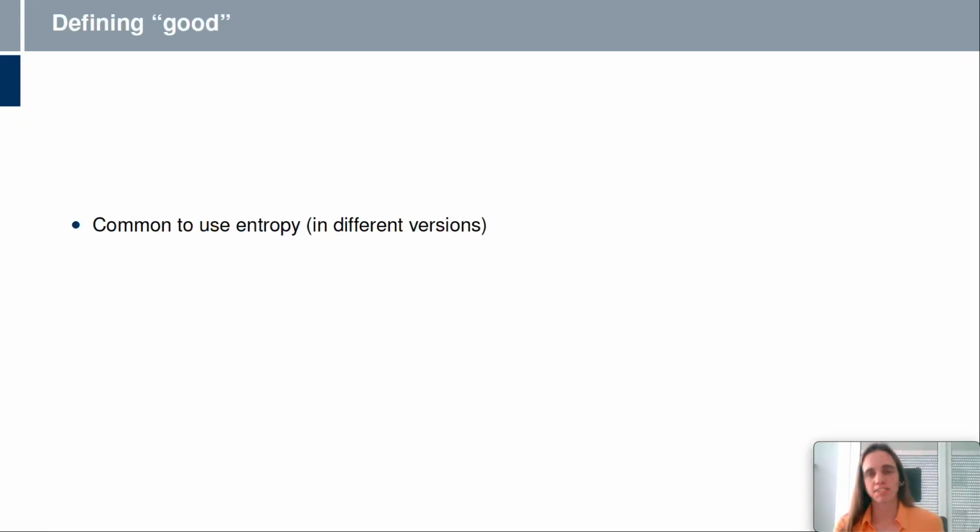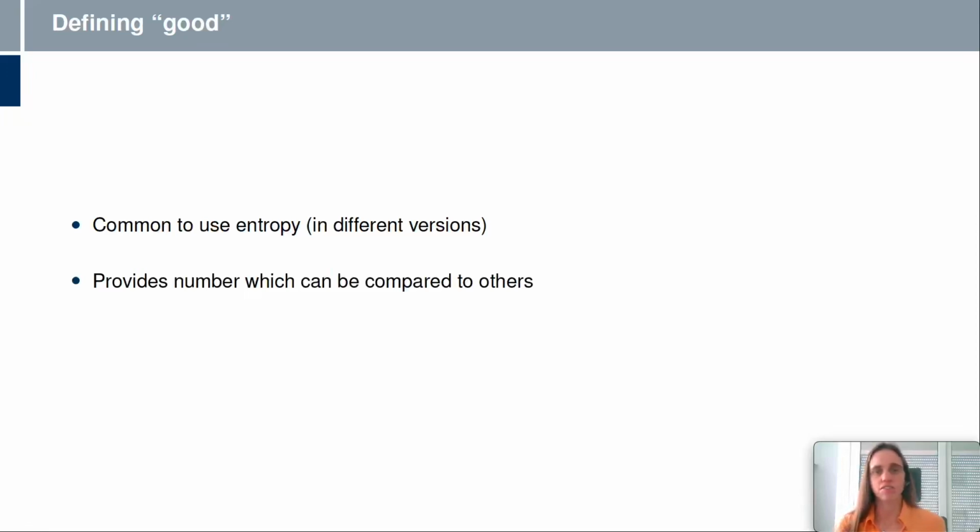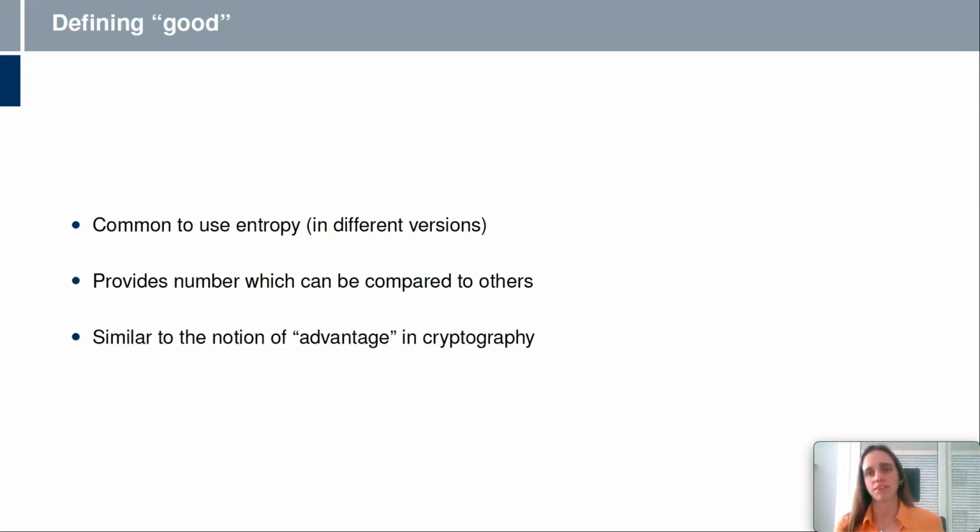And this provides us a number that we can actually compare between different ring samplers. And it also is similar to the advantage we normally have in cryptographic games. So when we say we have a certain anonymity according to our entropy, we can translate that the adversary has a certain advantage when it has to decide who is the actual spender within a ring.